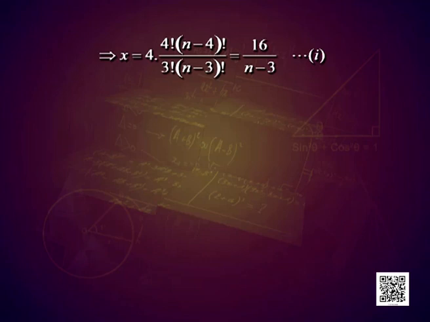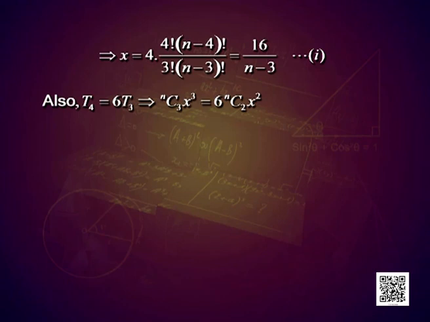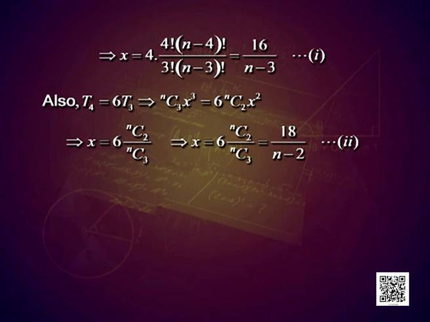Similarly, if I use the second condition, that is the fourth term is 6 times the third term, and if I replace the value of each of these terms by nC3 x cube and nC2 x square, you will get x to be again simplified, and you get a condition which says x must be 18 by (n minus 2).